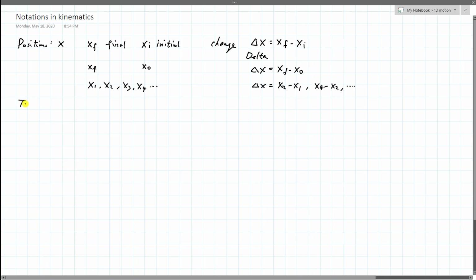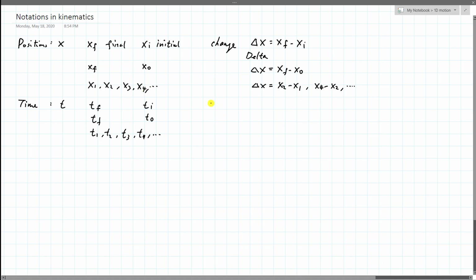For time, basically the same. We use t, so t final and t initial, and sometimes t final and t0 for initial, or the series of t1, t2, t3, t4, and so on.